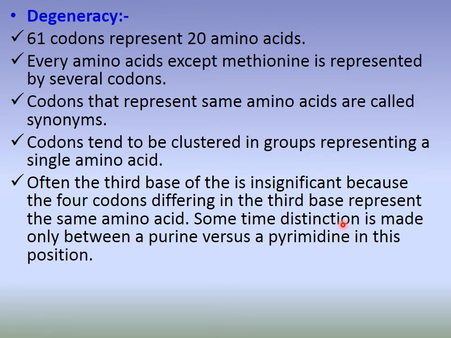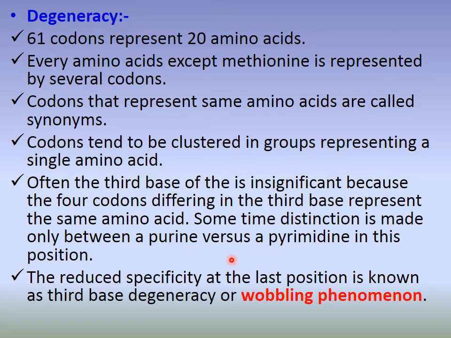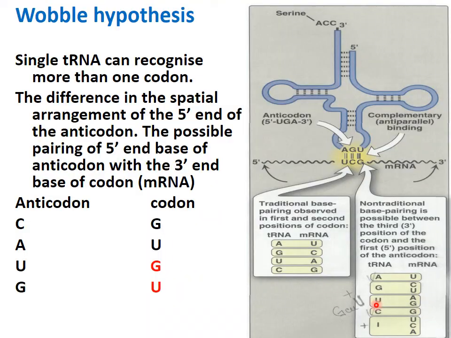Sometimes a distinction is made between purine versus pyrimidine in this position. So this reduces specificity at the last position, and this is known as third base degeneracy or the wobbling phenomenon.